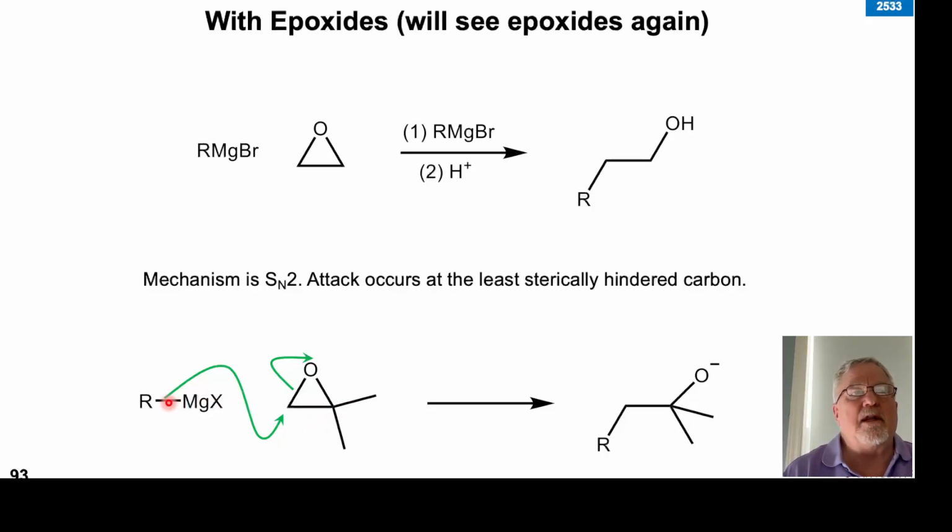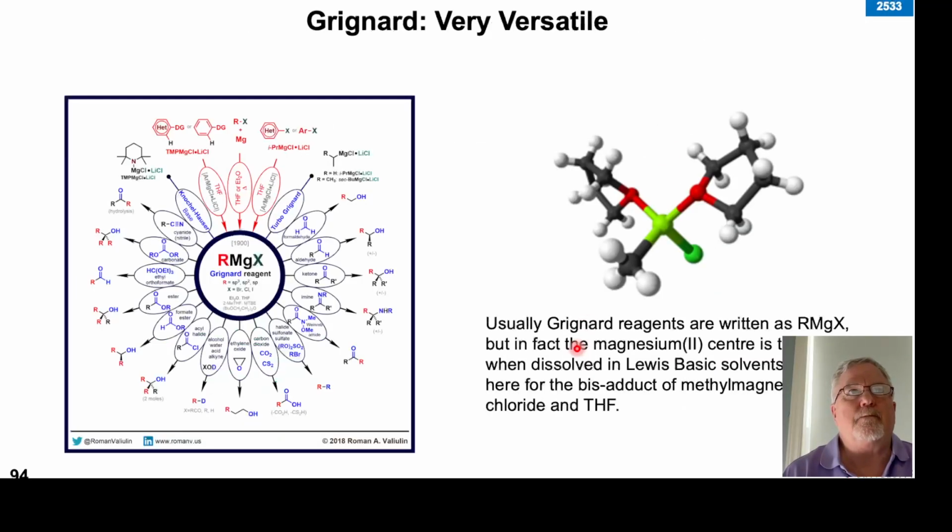They're very strong nucleophiles, and they will attack the least hindered position of the epoxide. So we'll get much more reaction here than over on this side. That opens up the ring, coordinates with the magnesium, and then we work it up under acidic conditions to get the final alcohol product. So the Grignard reagent is very versatile.